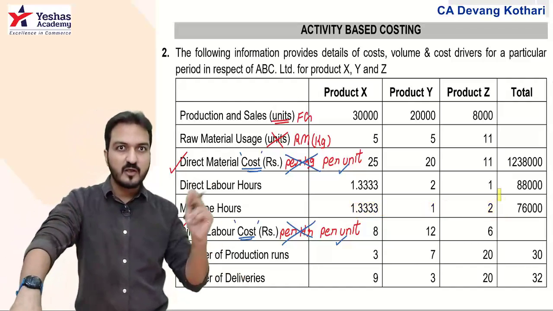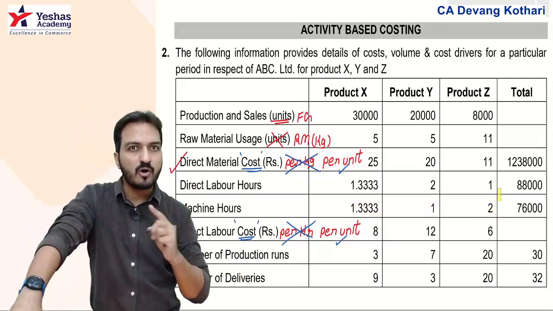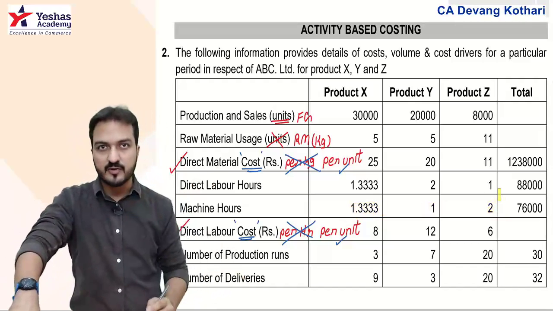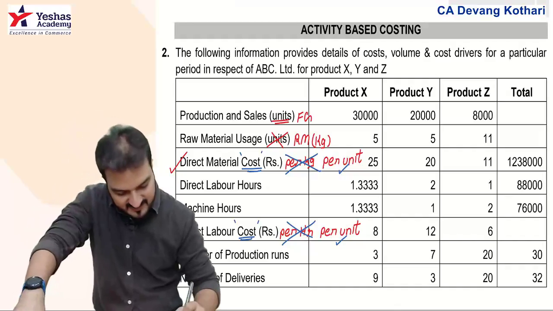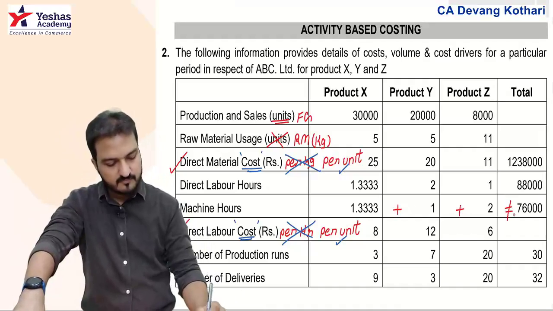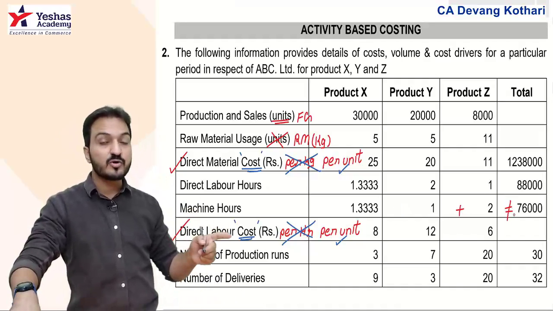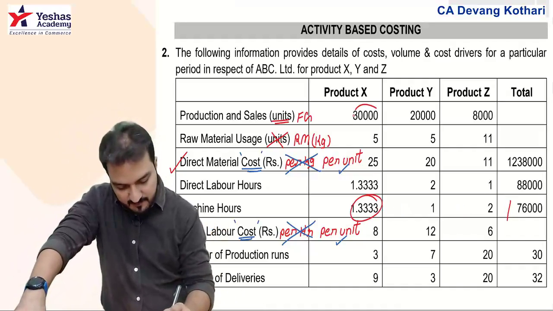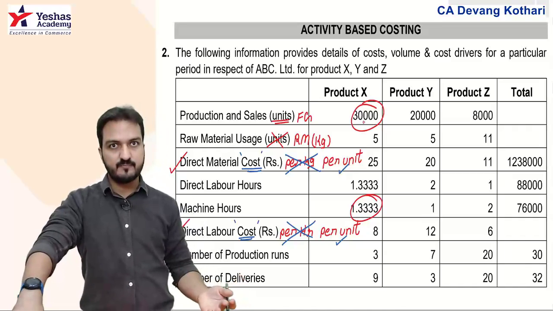This 1.33, 1 and 2 is not for all units. It is definitely for one unit. That is why if I simply add them up, it does not match with the total. It will match with the total if I multiply units and then add it up.